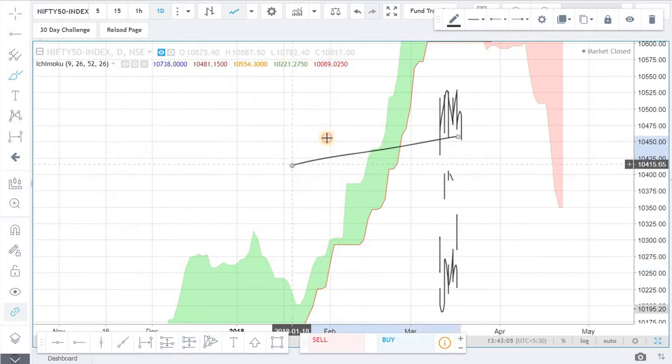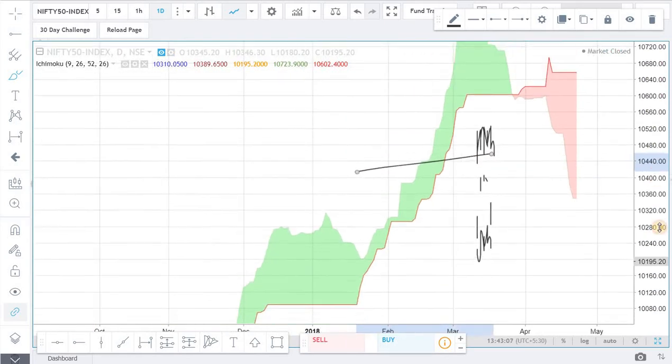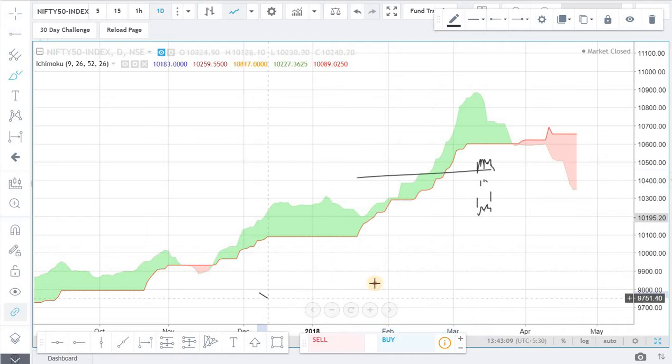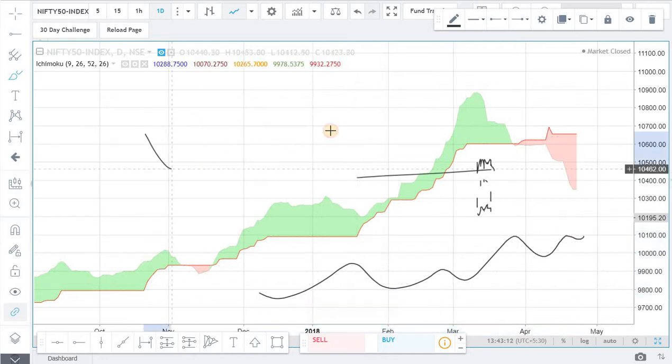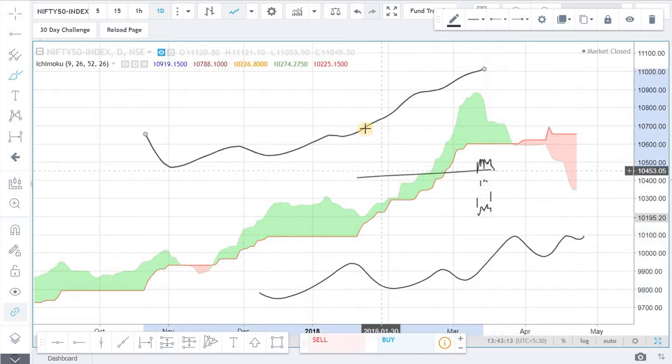On the one day chart, this is your bearish and this is your bullish region. Don't think too much into it at this point because we're just learning it. All you need to know is any area above the cloud is bullish, any area below the cloud is bearish.